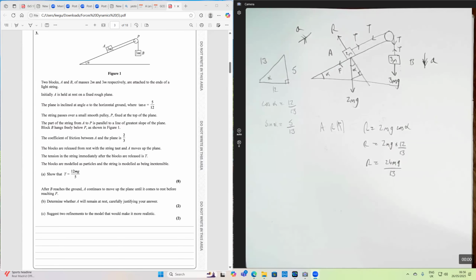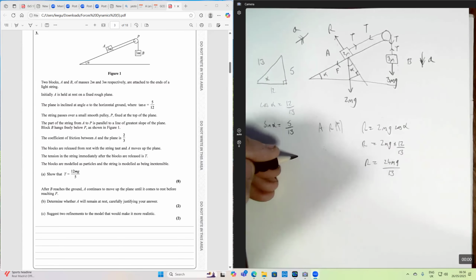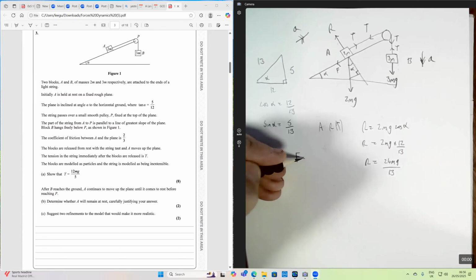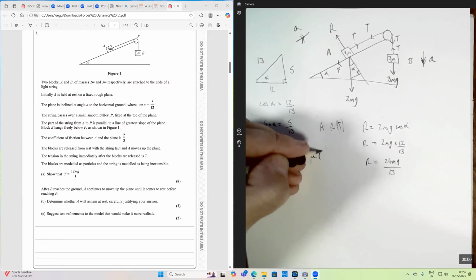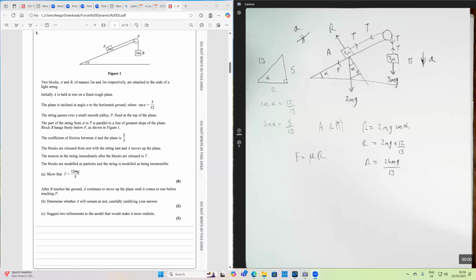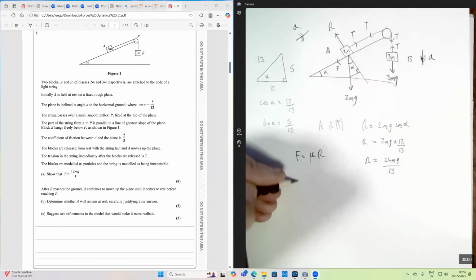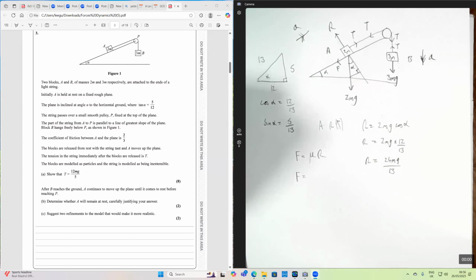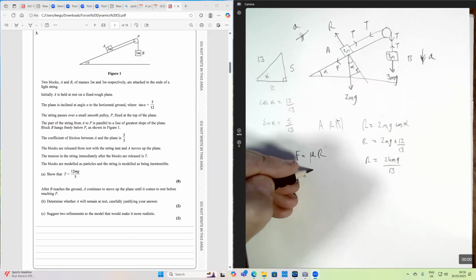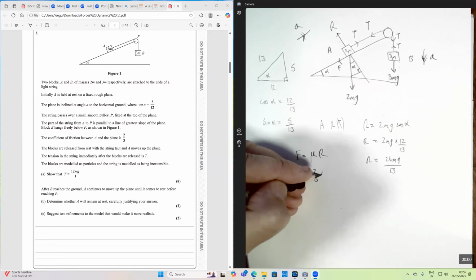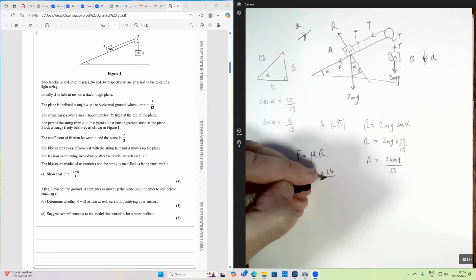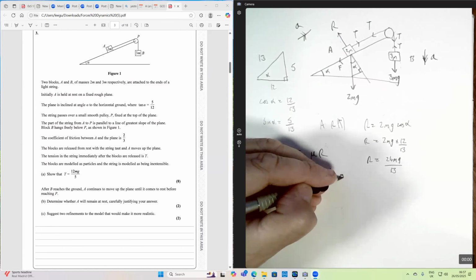Now, let's find the frictional force as well. F is mu R, because we're going to have the maximum value of friction as it's going up the plane. We're told that the coefficient of friction between the block and the plane is 2/3. So we have 2/3 times 24/13 mg.